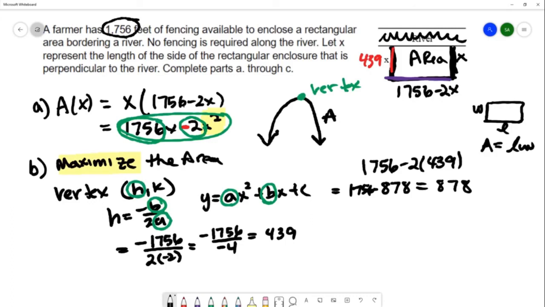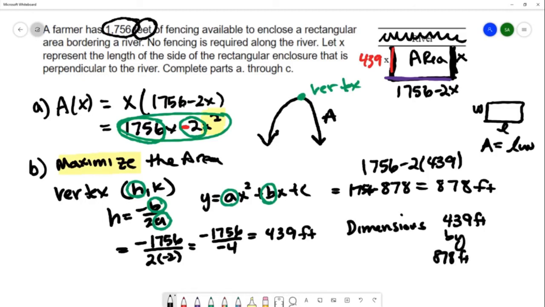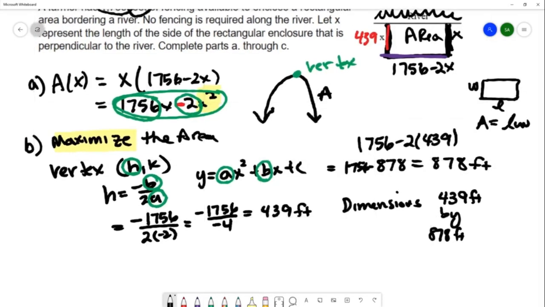In this problem, we're using feet. So this is feet, and this is feet. Our dimensions are 439 feet by 878 feet. And our final part is to find the area at maximum area. There are a couple different ways you can do it.